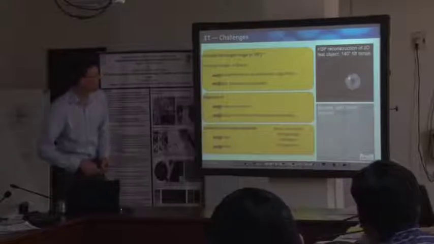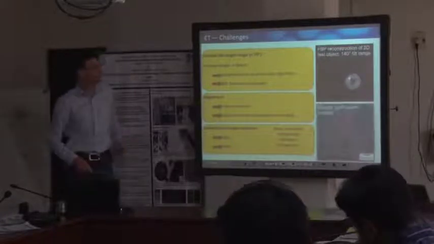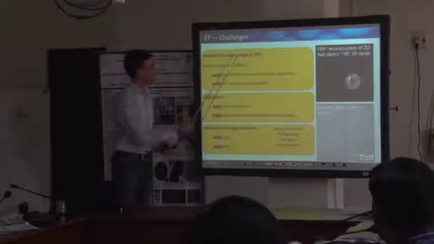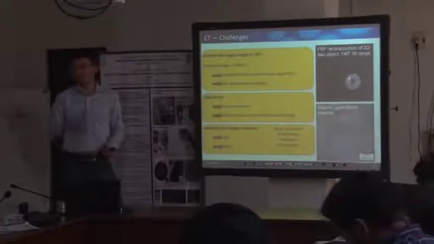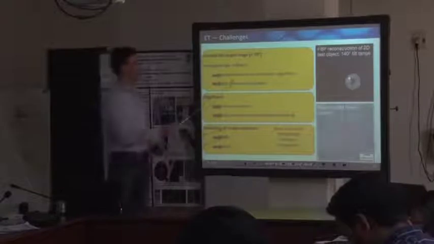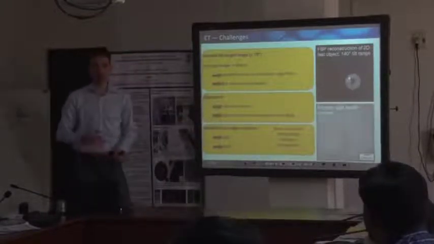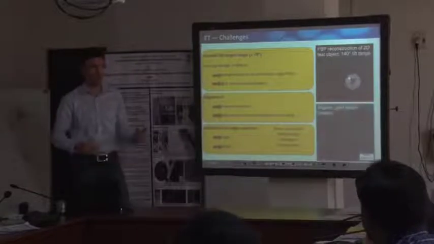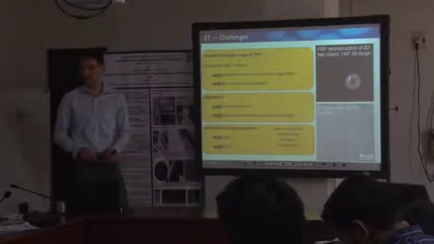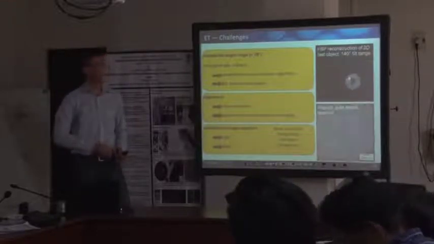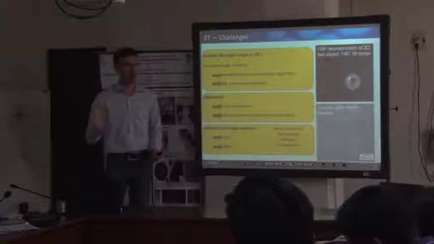Then we come to some of the challenges. On the one hand, we might end up with a limited tilt angle range in regular tomography. This is what you already saw. We could either apply some elaborate reconstruction algorithms to minimize missing wedge artifacts. So nowadays we don't use this simple back projection, like the weighted back projection which they make use of in CT.